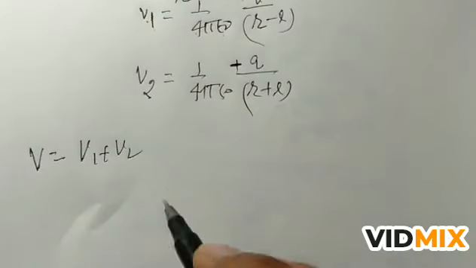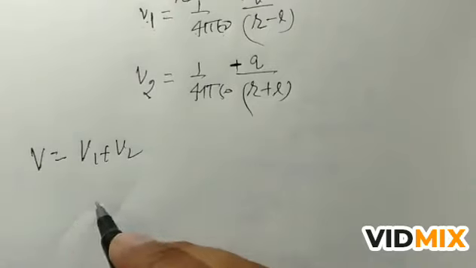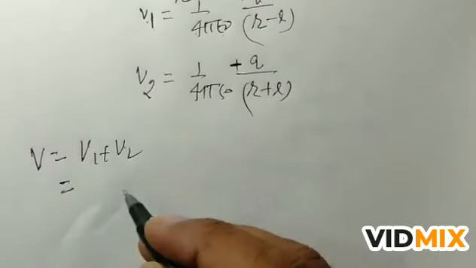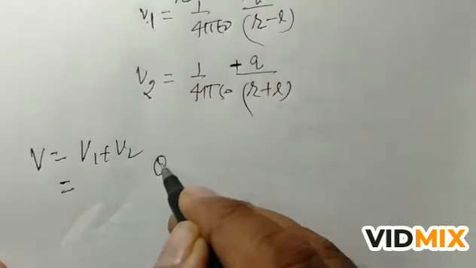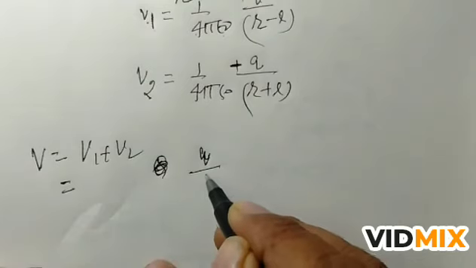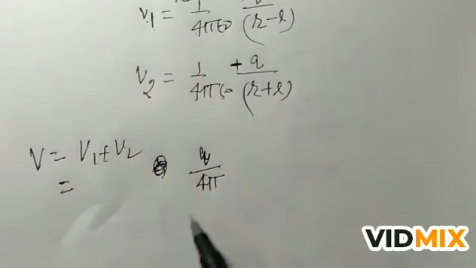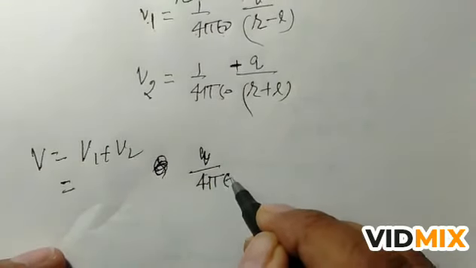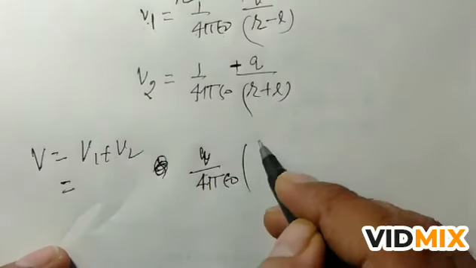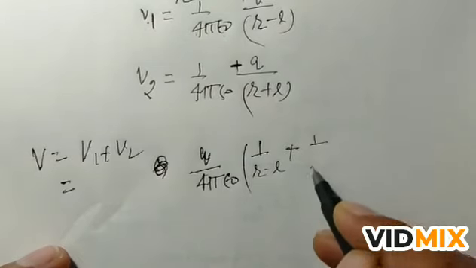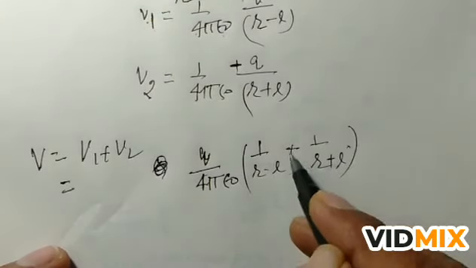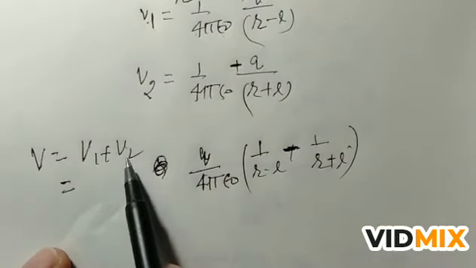You add it here: Q upon 4 pi epsilon naught, and 1 upon r minus L plus 1 upon r plus L, and this will be minus, because V2 is minus and V1 is plus.